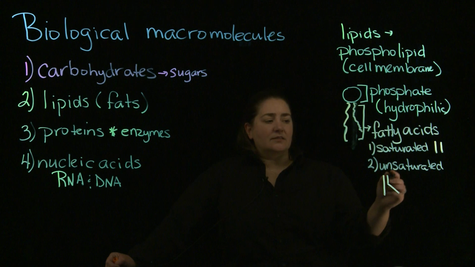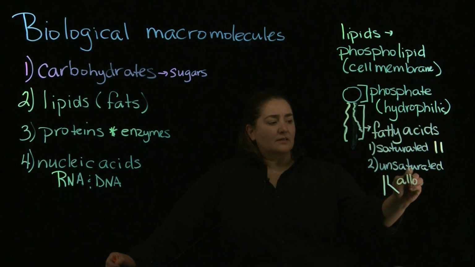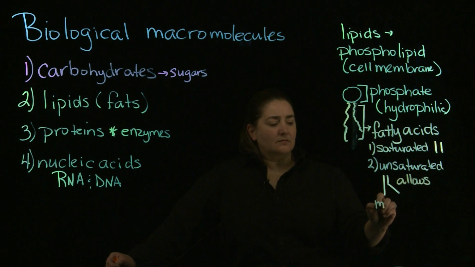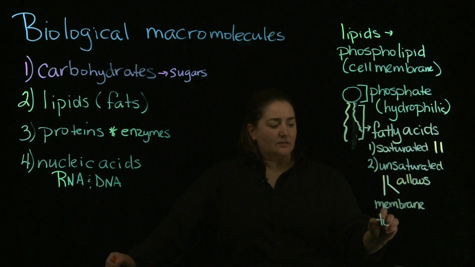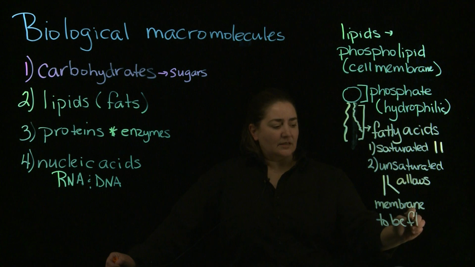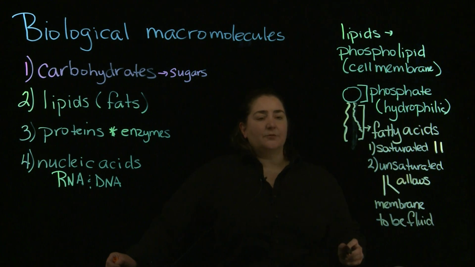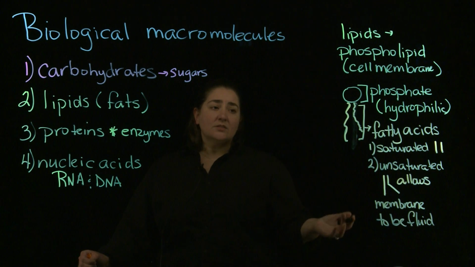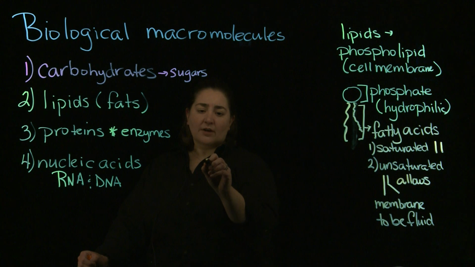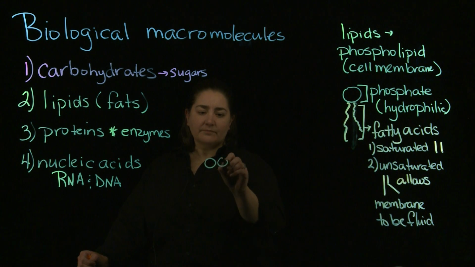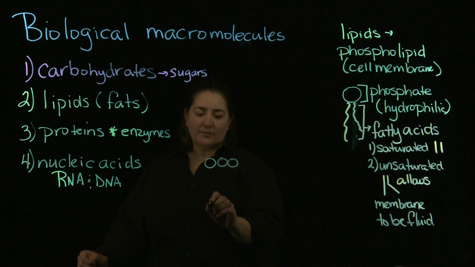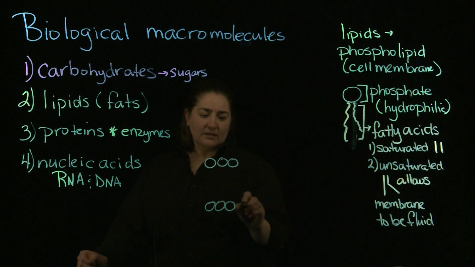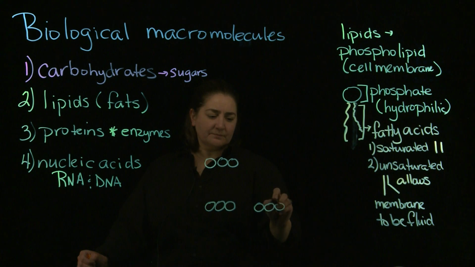What that does is that allows the membrane to be fluid. All right? So in terms of that, if I'm going to draw here a cell membrane, so we've got some circles.